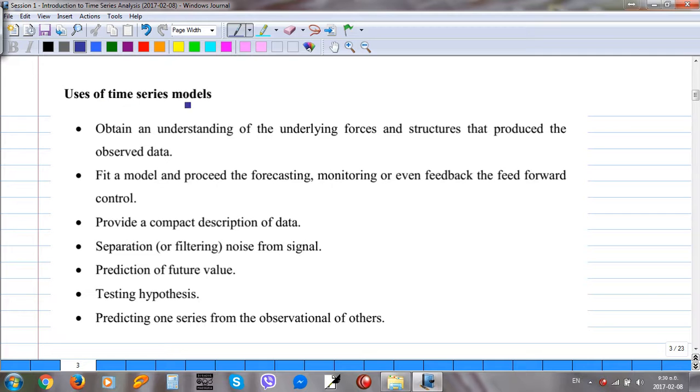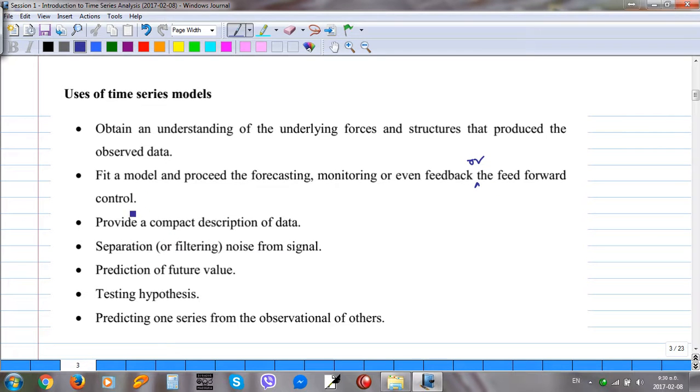Then, uses of time series models. One purpose is to obtain an understanding of the underlying forces and structures that produce the observed data. The next is to find a model and proceed with forecasting, monitoring, or even feedback and feedforward for control.